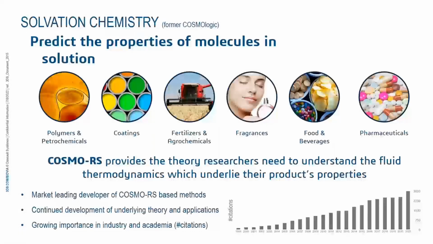And this solubility can be calculated. The thermodynamics of solvation can be calculated through these tools called COSMO-therm, now called solvation chemistry. That could be a very useful tool if you are working in any of these industries, or maybe you can tell me some other industry where it is very important to mix a solvent to do something with it.